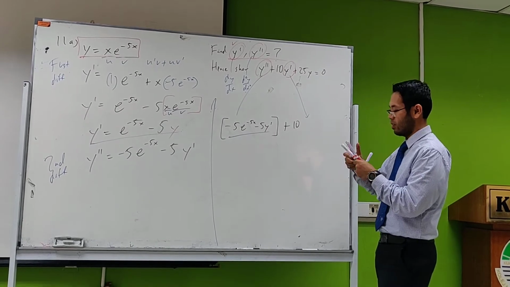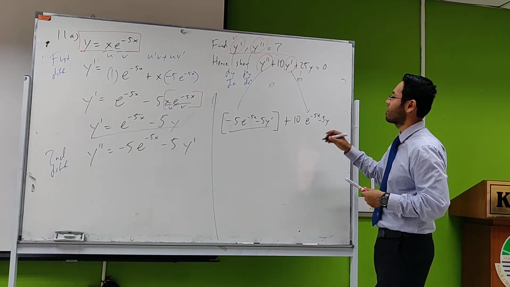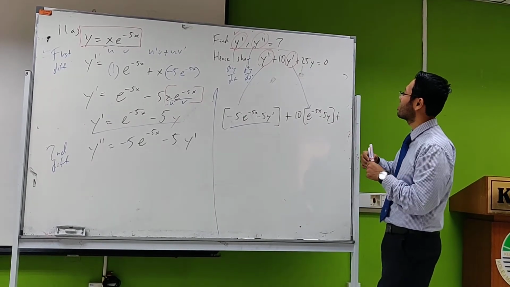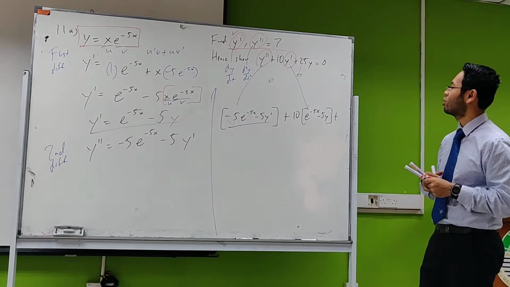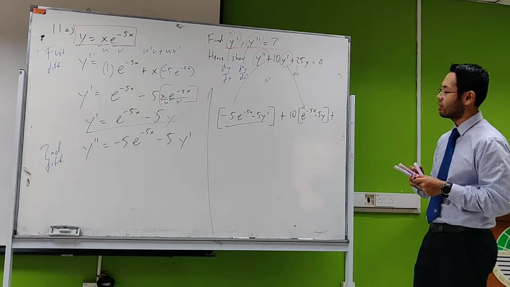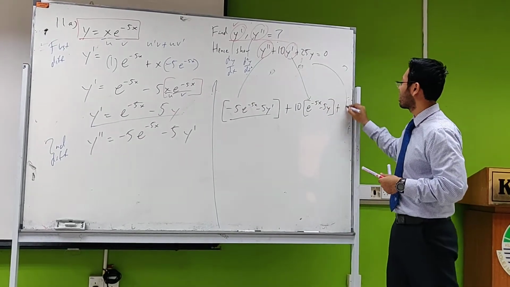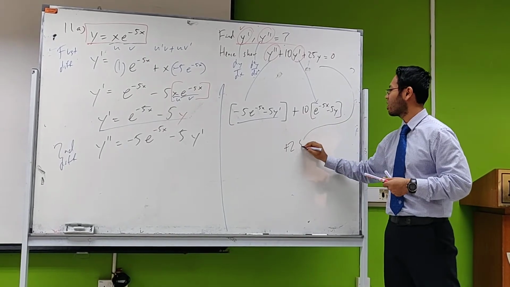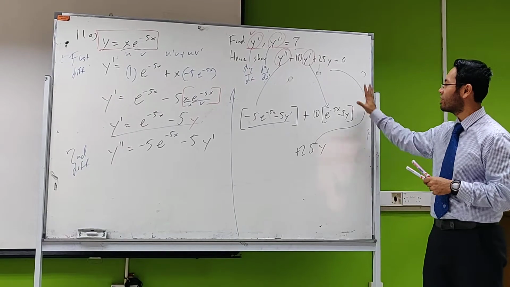So e to the negative 5x minus 5y plus 25y. And you want to show the whole thing gives you 0.